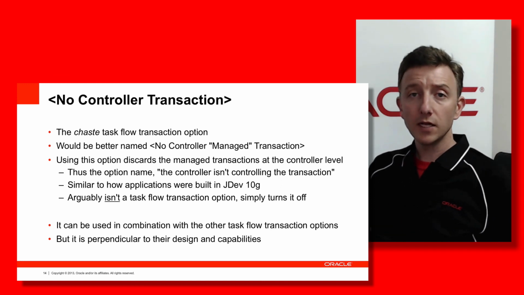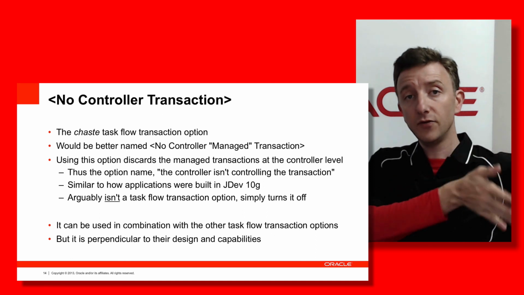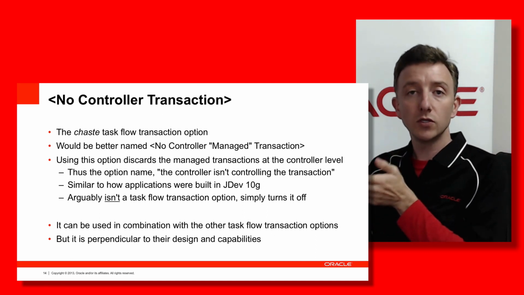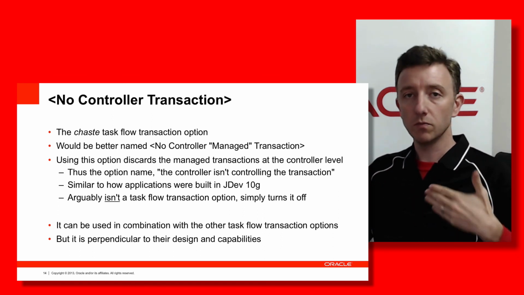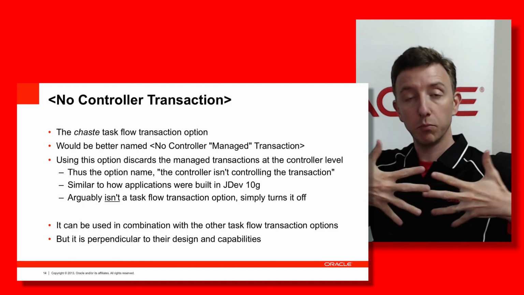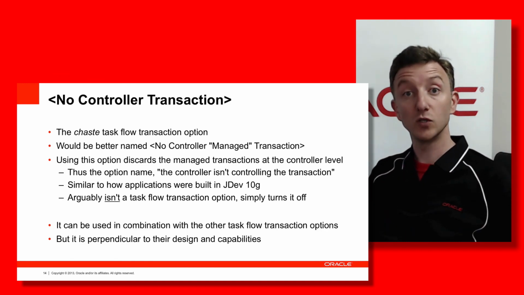So a guideline I'd like to put forth is you either use the three original transaction options for your bounded task flows, or you use the no controller transaction option, but you don't use them both, because it just gets too darn confusing about what's actually occurring in terms of the interplay of bounded task flows using the different options.